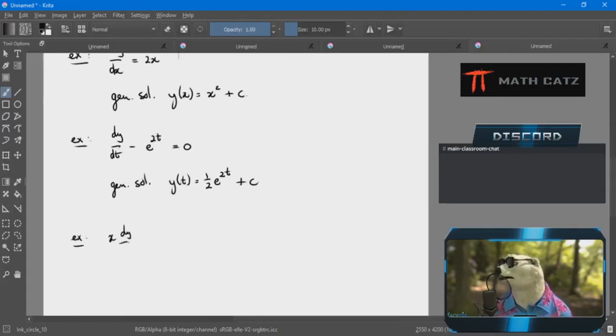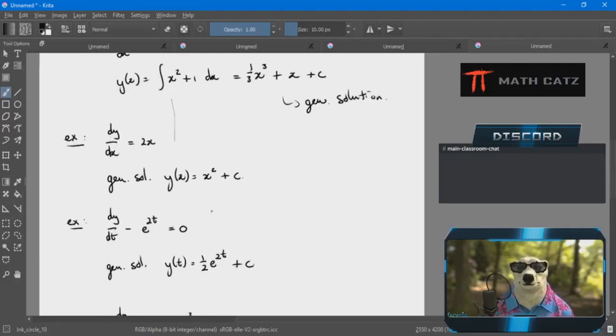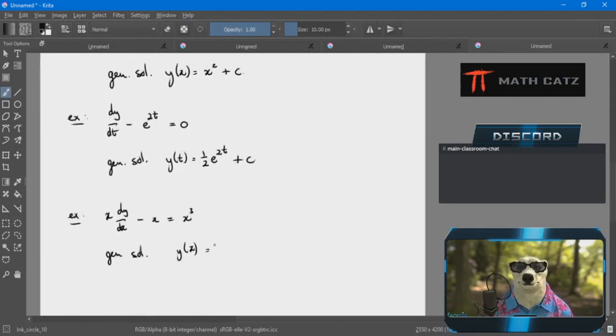And we found a general solution. What did we find? y equals 1/3 x cubed plus x plus c.